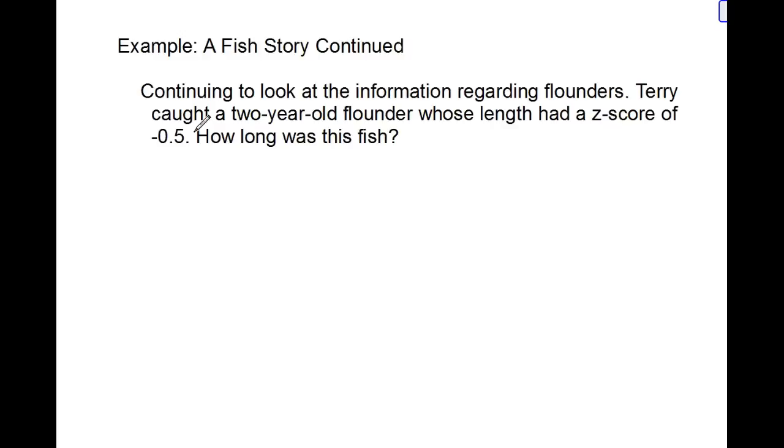Recall from previously that the 2-year-olds had a mean length of 162 and a standard deviation of 28. Here, we don't know the actual data value, but we do know the z value.